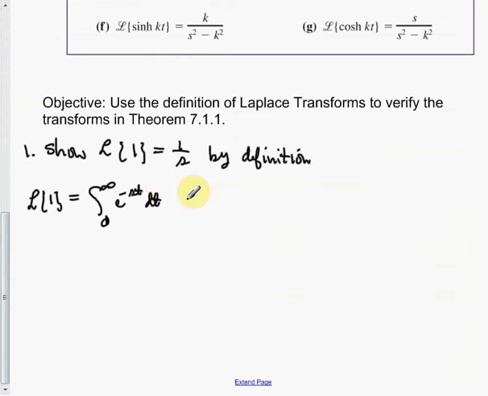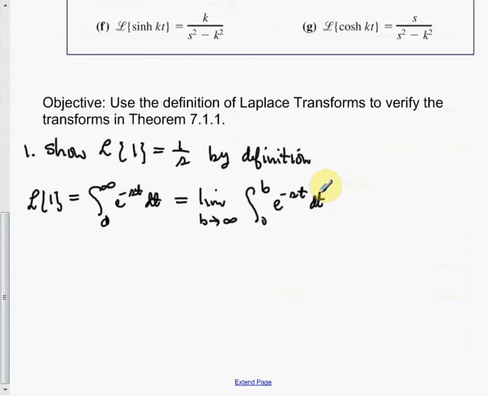Now back in calculus, we would rewrite this as the limit as b goes to infinity, using the Larson notation, of the integral from 0 to b of e to the negative st dt. Do you remember that notation? Okay.